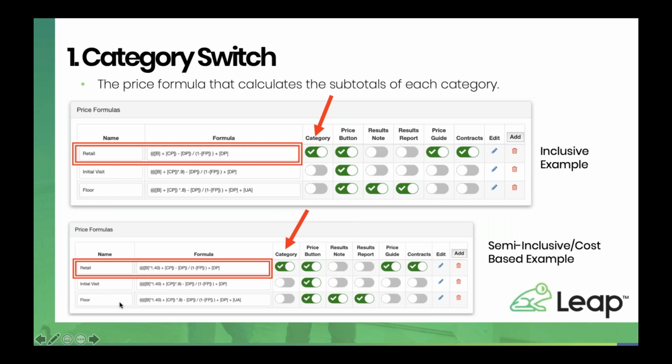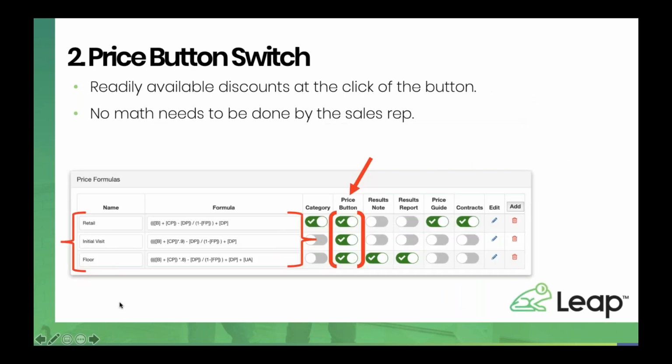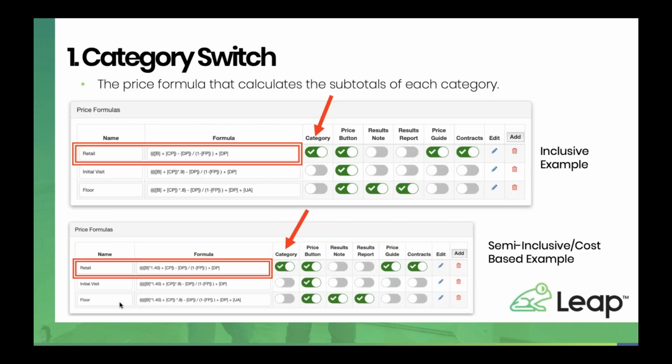A couple of things that we want to talk about today is the switch features that we have on our price formulas. You can control where each one of these formulas will go. So we have the category switch formula that's always, always, always going to be where that retail formula needs to go. We're going to talk about why in a second.